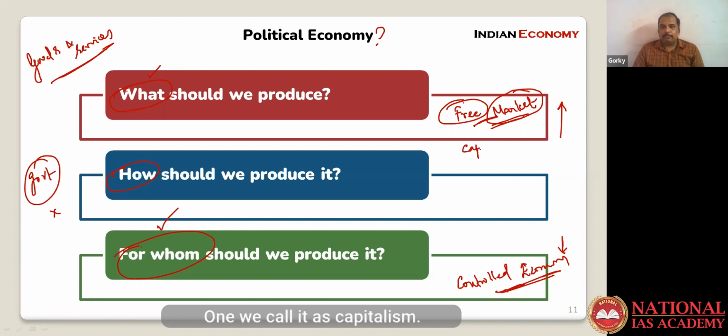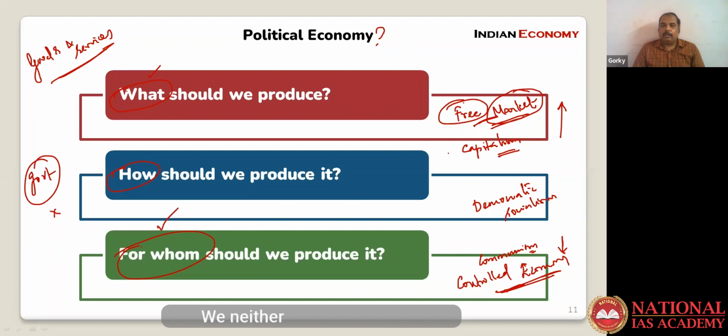One, we call capitalism, right? Now what we call is welfare capitalism. Then the extreme part, we have communism, right? The state control will be extreme. In between, we have what India has, democratic socialism.